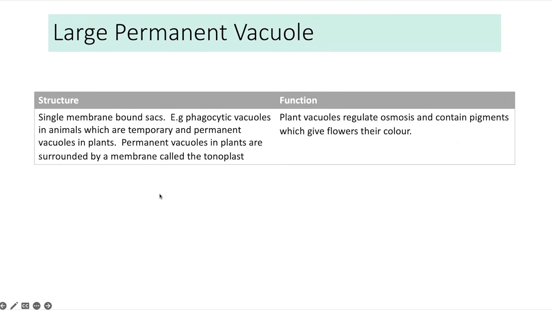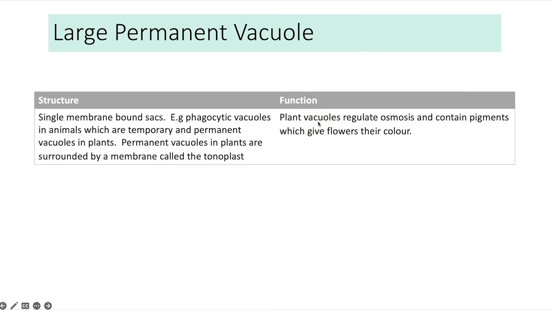Plant cells also have a large permanent vacuole, and this is a single membrane bound sac. For example, we've got the phagocytic vacuoles in animals, but those are temporary, and we're just focusing on the permanent vacuoles in plants. And those have a tonoplast, that's the name of the membrane that surrounds them.